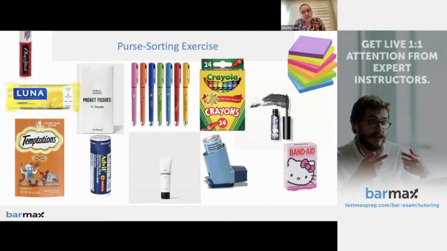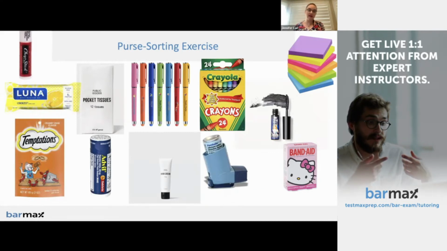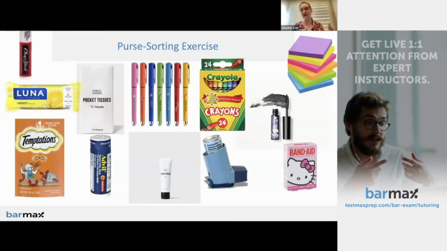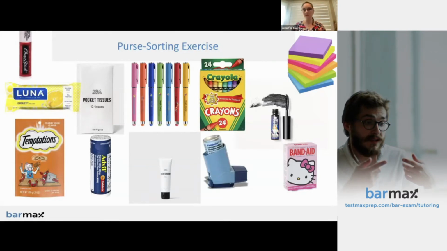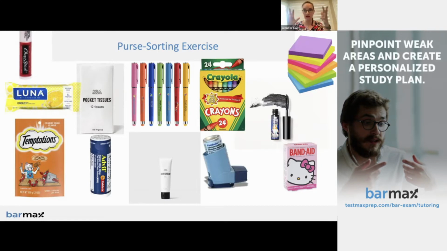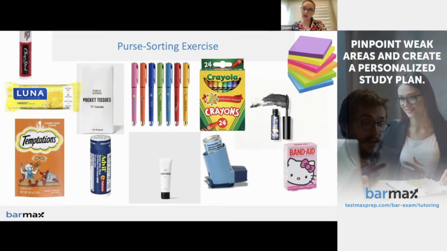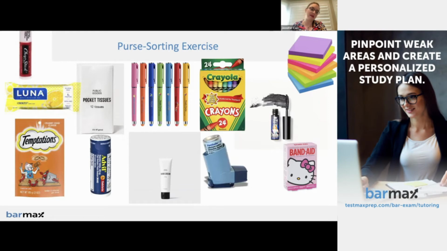So you're going to have to make some decisions about what goes together, and then attach some meaning to that. So, hey, the Band-Aids go with the tissues because reason. And then I'm going to ask you to share the groups that you've sorted these materials into and why.